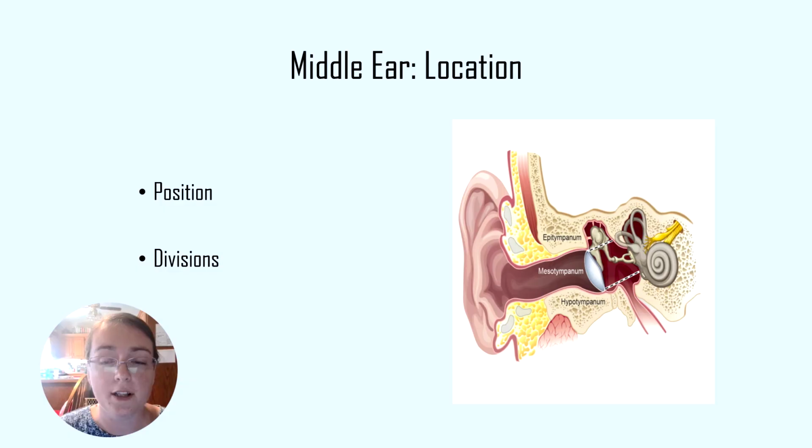The three divisions of the middle ear are shown in the illustration. The upper section, the epitympanum, which I'm probably not saying right, is above the eardrum or the tympanic membrane. And it includes the head of the malleus, the body of the incus, and the middle section, the mesotympanum, right here.